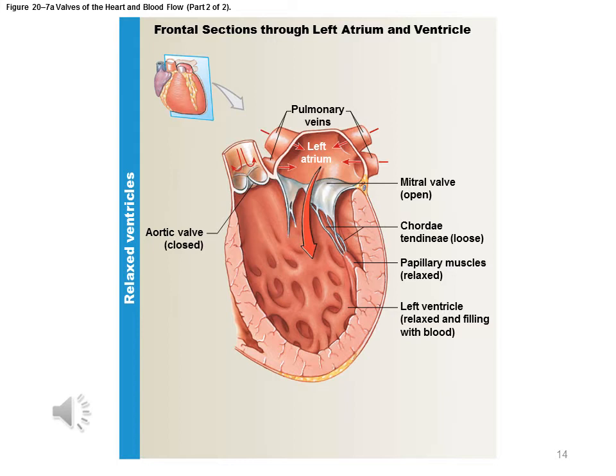That would be your answer. If I was to ask about the aortic valve, you would say the aortic valve prevents backflow of blood from the aorta back into the left ventricle. So make sure you know where those valves are and what they're doing. They're always going to be preventing backflow. Very, very important.